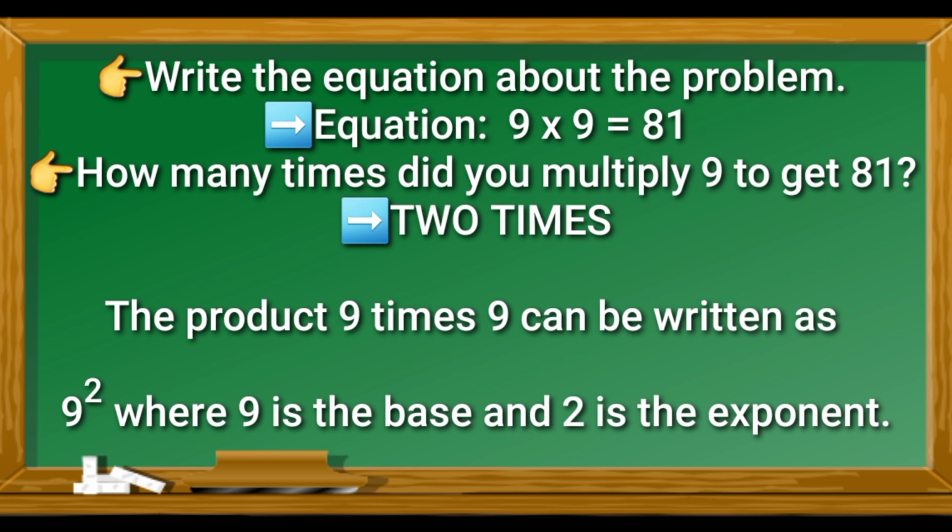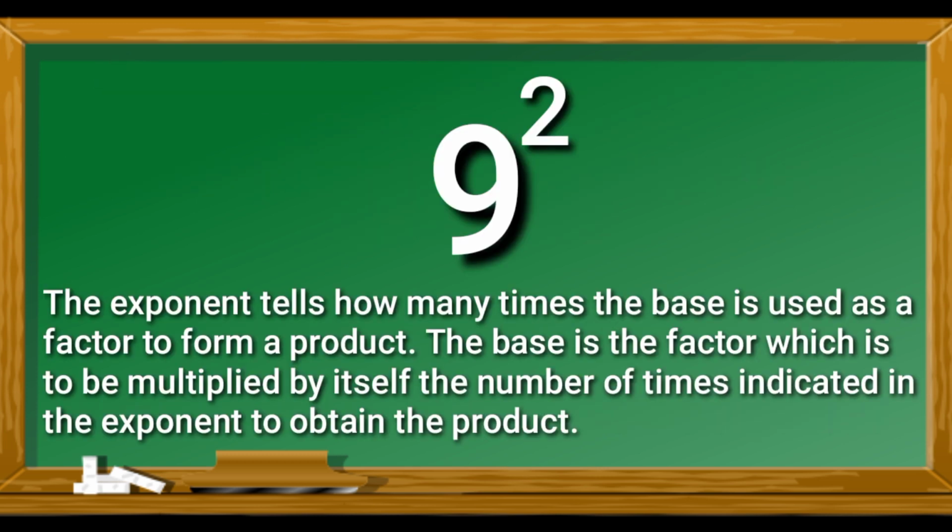How many times did you multiply 9 to get 81? The answer is 2 times. The product 9 times 9 can be written as 9 to the second power, where 9 is the base and 2 is the exponent. The exponent tells how many times the base is used as a factor to form a product.